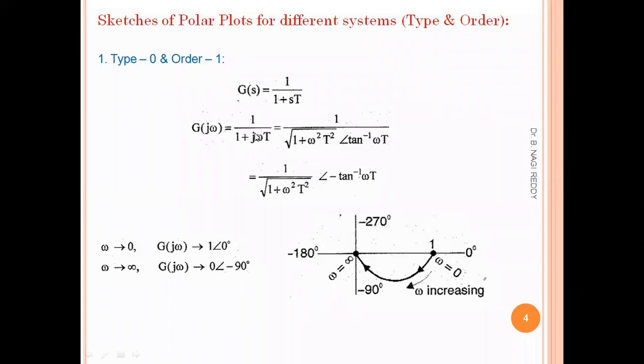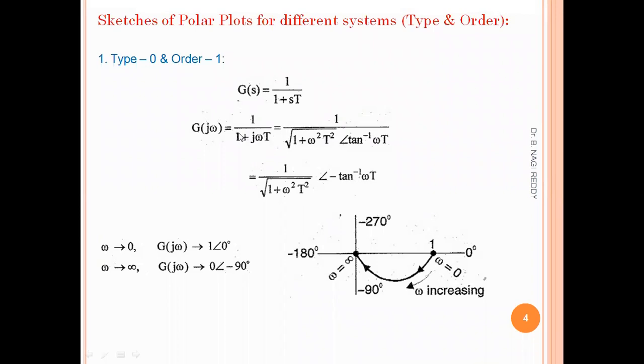We have seen a simple example in the previous video: the square root of the real value squared plus the imaginary value squared. So here the real number is 1 and the imaginary part is omega T. So the square root of 1 squared plus omega squared T squared. So this is the magnitude.